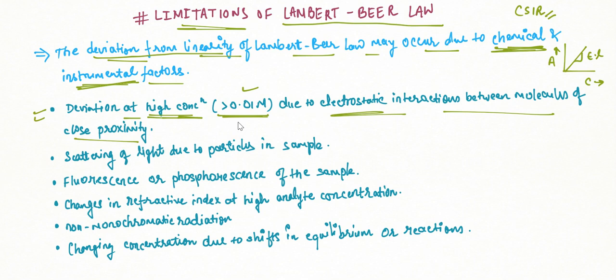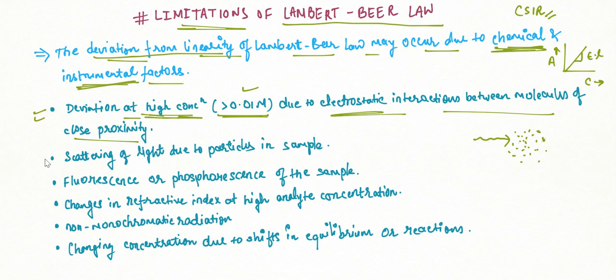Ultimately, the interaction of the electromagnetic radiation with the molecules is what results in the absorbance and transmittance and so on. So if there is already interaction between the molecules themselves, then the electromagnetic radiation will not give the perfect spectra, or not give the perfect line. So deviation can be caused at high concentration also.